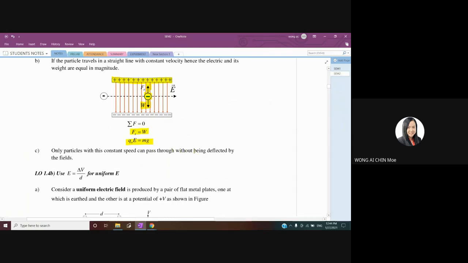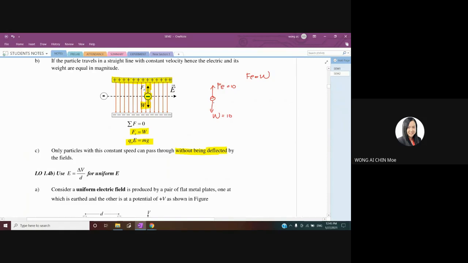Because F equals our weight, meaning that your particle is undeflected, maksudnya without being deflected. Dia tidak dipesong, tidak dipesong. Okay, since your Fe equals our weight, meaning that if, let's say, this is 10 Newton, this one also 10 Newton.